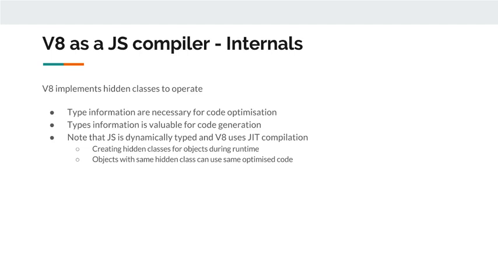But that's not the case for JavaScript. JavaScript is not a statically typed language, it's a dynamically typed language. So when I say this variable a is an integer, that may change later on. That makes it really difficult for this kind of language to run faster.